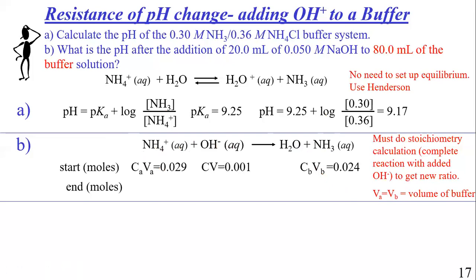Both have the same volume, and it's called the volume of the buffer. Okay, so you multiply those, the concentration, which is 0.3, times 80 times 10 to the minus 3 to get into liters. Okay, so you have the initial moles.